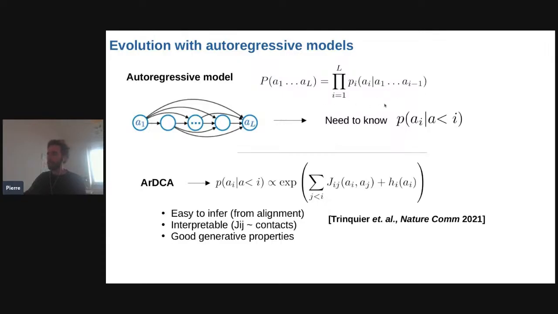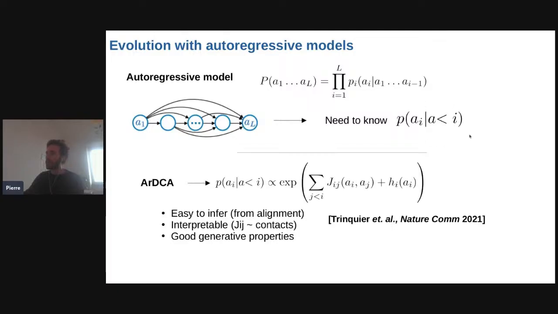The first equation here is just the definition of conditional probability. It's something that's always true. The interesting thing is, can you somehow find a functional form P of Ai given the amino acids that are before i, and learn these conditional probabilities?